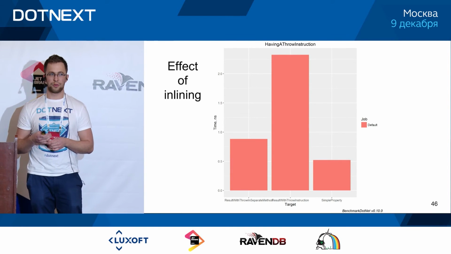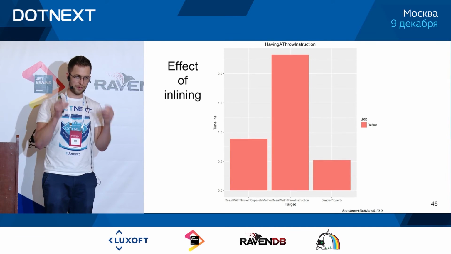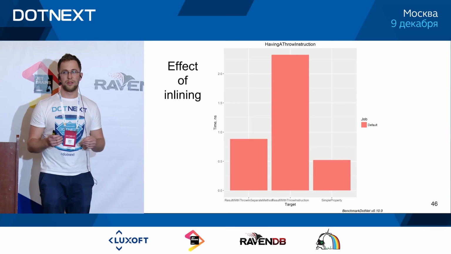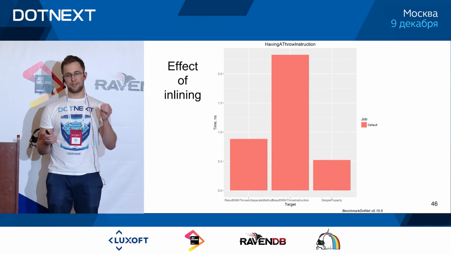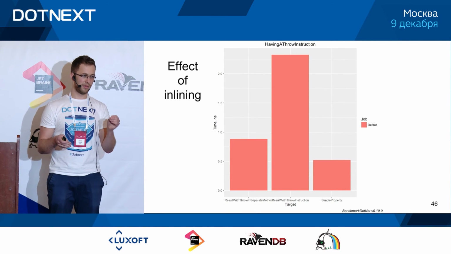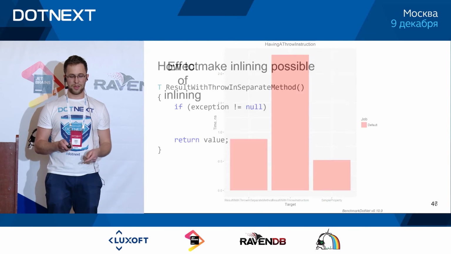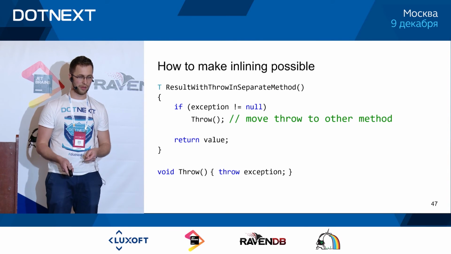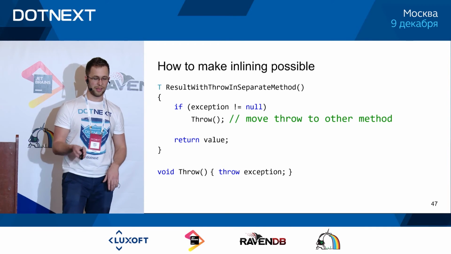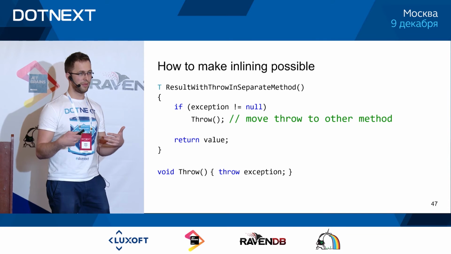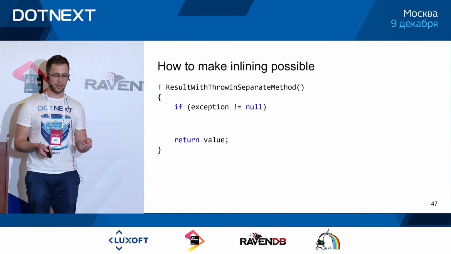And if you take a look at CoreCLR, at arrays where they are supposed to have very fast indexers, they have a single class called ThrowHelper, and every single class that throws an exception in CoreCLR calls this class to throw the exception. Because if we do the following trick, moving the throw to another method, then the if is going to be inlined. So our bad scenario is not going to be inlined, but in general, we will get the improvement.